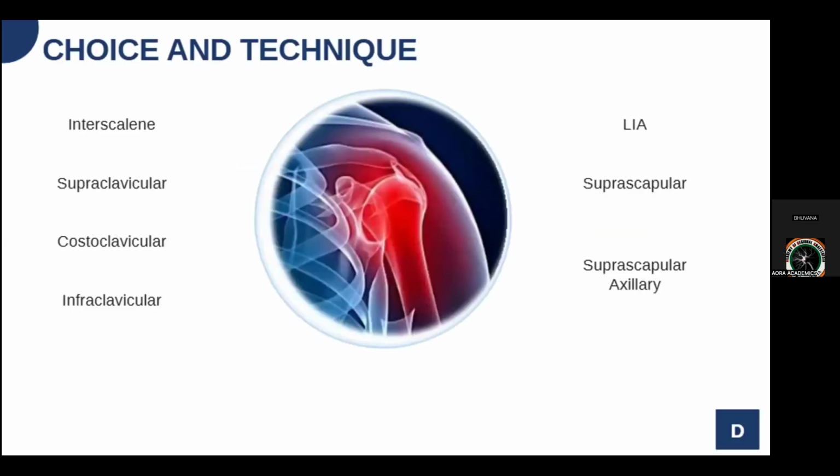The next topic is regional anesthesia for the shoulder. What are the choices and techniques available for regional anesthesia for shoulder surgeries? We have interscalene, supraclavicular, costoclavicular or infraclavicular, or we can ask the surgeon to infiltrate local anesthetic at the surgical site, or go with selective nerve blocks like supraclavicular along with axillary.